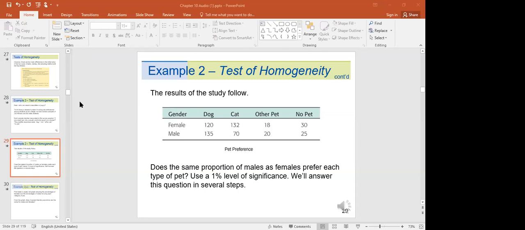So this is a 2 by 4. Anyway, you will be seeing it each time you are trying to enter the values. Just try to make sure you can enter all the values.